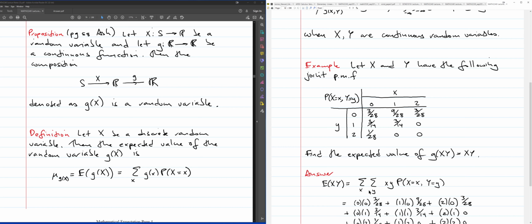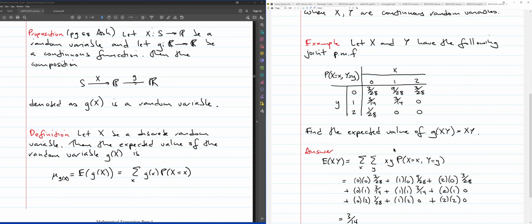So in this summation over here, you're going to have a term for each entry in this PMF table. Okay, so what are your different terms? The first term is when x is equal to 0 and y is equal to 0. In that case, you would have 0 over here, 0 over here, and then the probability that x is equal to 0, y is equal to 0, so you're going to get 3 on 28.